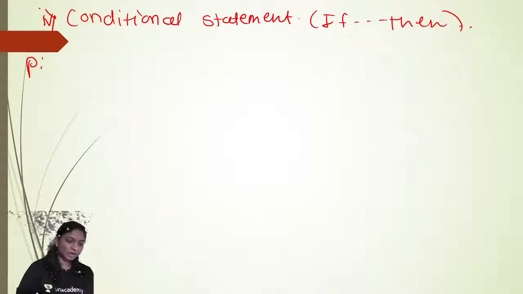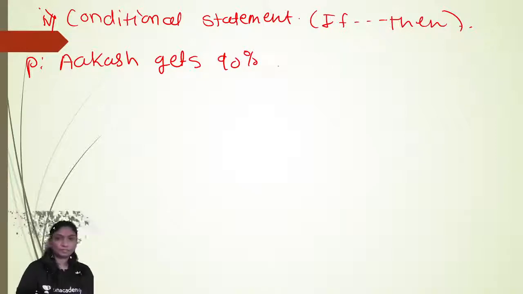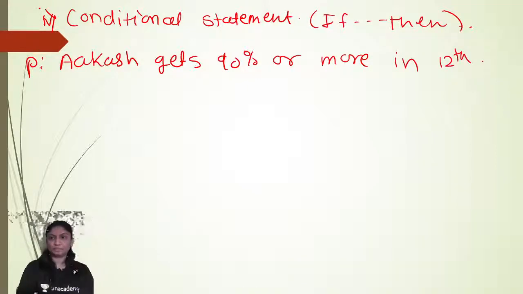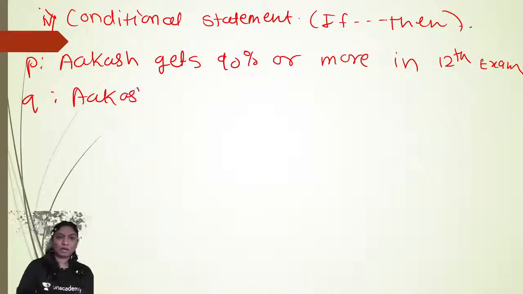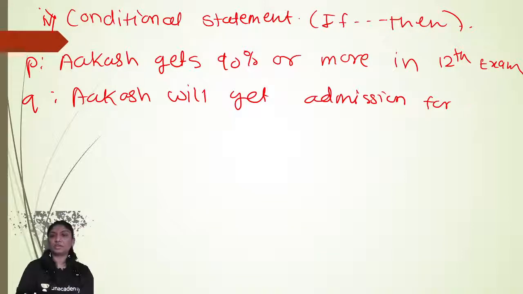Suppose P is the statement Akash gets 90% or more in 12th exam. Q is the statement Akash will get admission for engineering course, right?